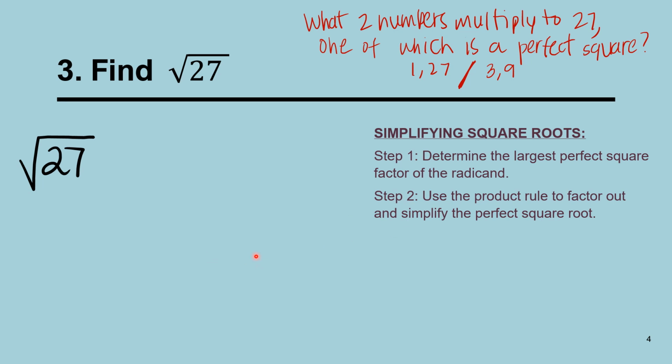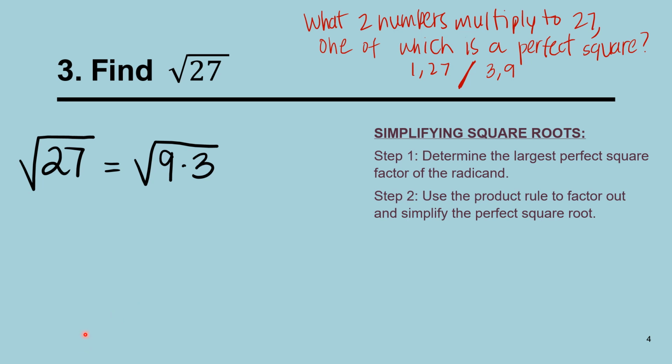What I like to do is take my factor pair: 27 is the same thing as 3 times 9, but I'm going to be very intentional about how I write this, and I always write the perfect square factor first. That's intentional. So the square root of 27 is equal to the square root of 9 times 3. Notice that perfect square factor went first.